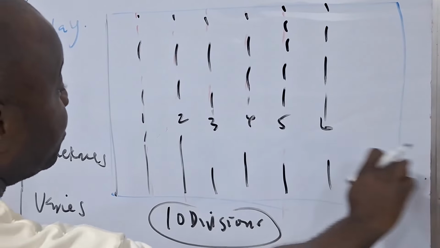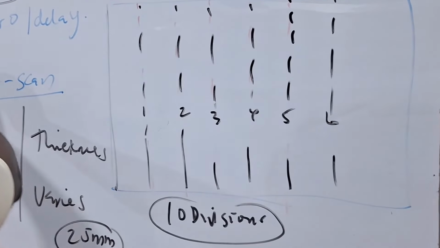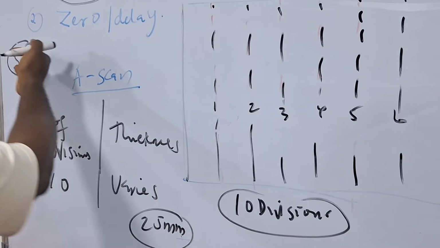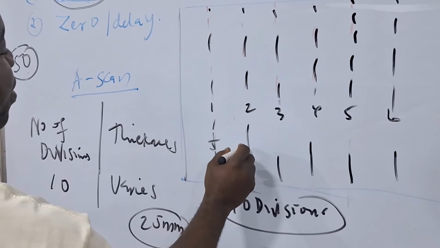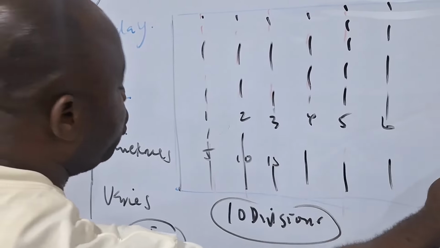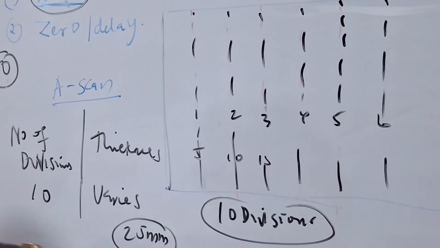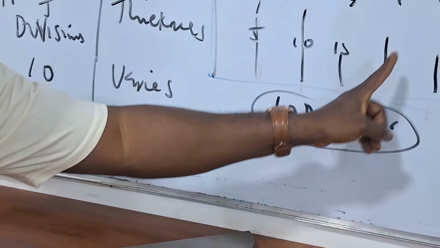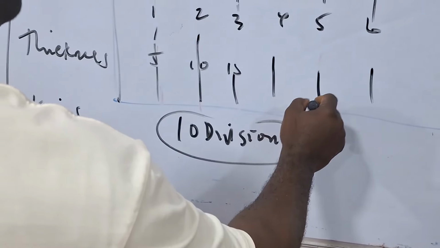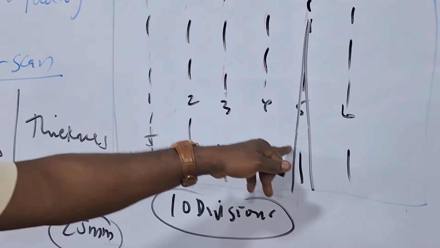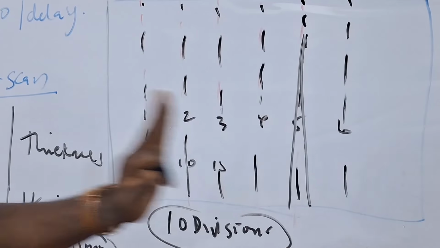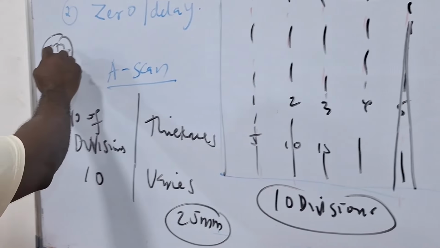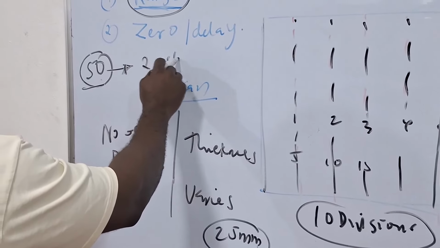For this unit working in the range of 50, it will be 50 divided by 10 divisions. So here will be 5, 10, 15, all the way to 50. For a block that is 25 mm, that means 5, 10, 15, 20, 25. So my first echo is going to come out at 25, and the next echo is going to come out at 50. Which means for a range of 50, we are going to have 2 echoes.